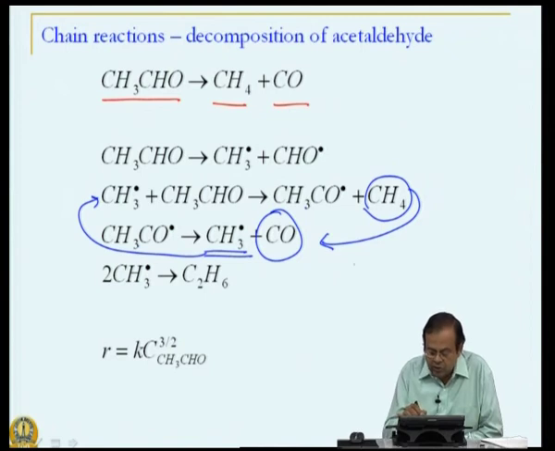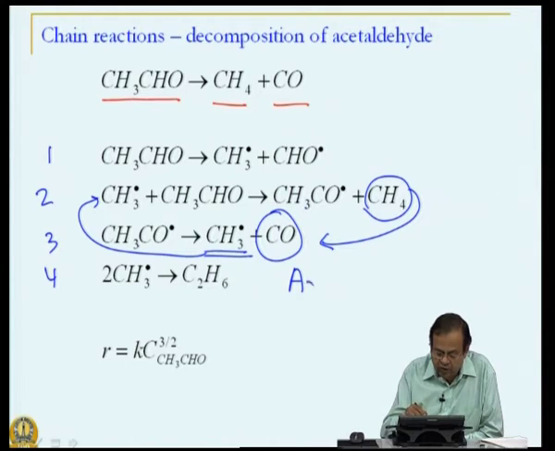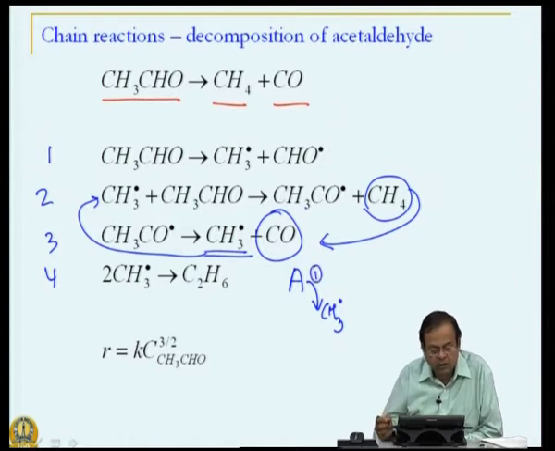So, I start with acetaldehyde and I am going to call it A. Let me number these reactions as 1, 2, 3 and 4. So, the first reaction gives rise to a methyl radical. So, that is my reaction 1.